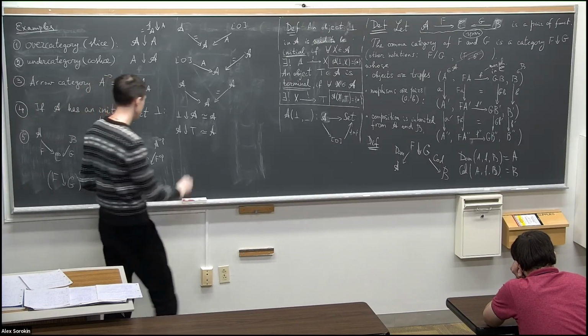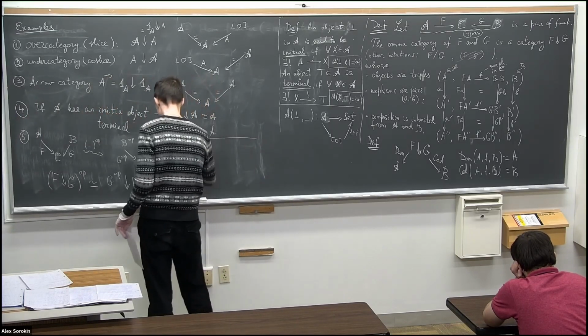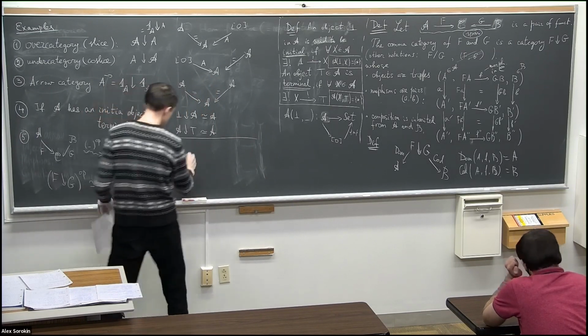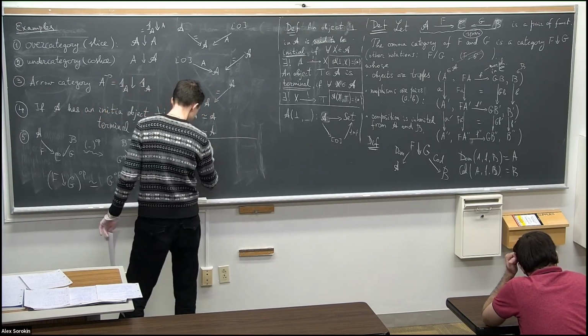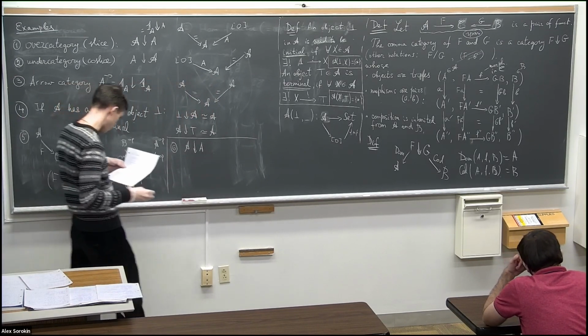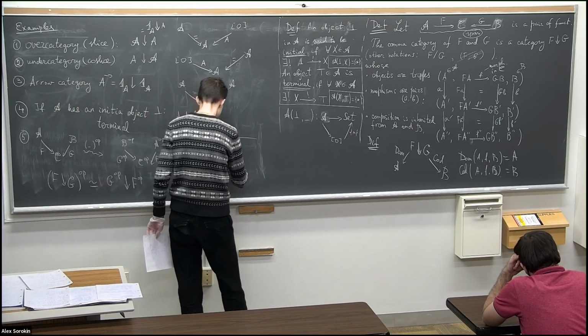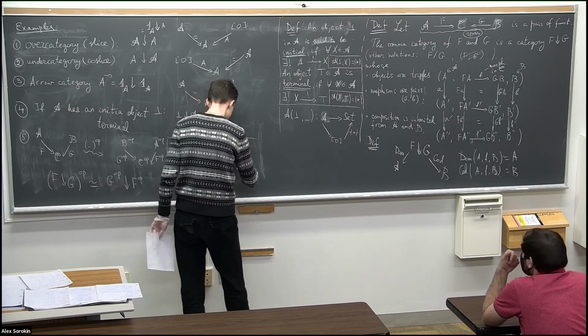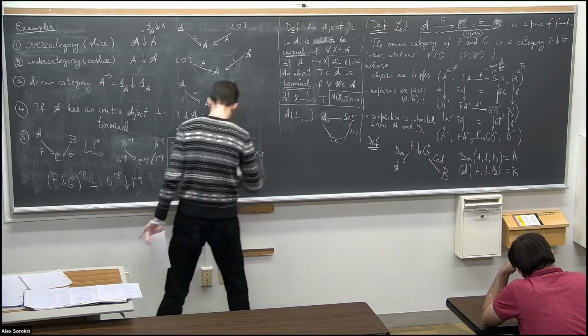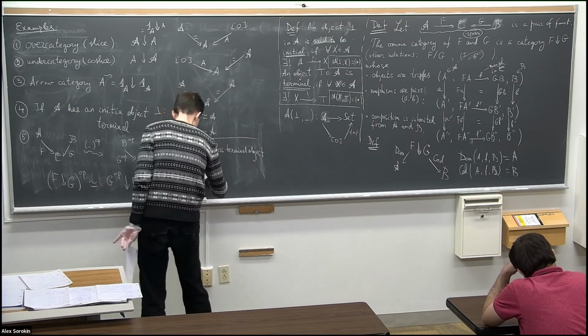Then we'll say the slice category always has a terminal object. And so the coslice category always has an initial object.